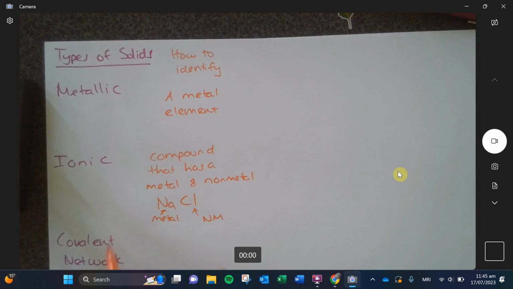All right. Covalent network and covalent molecular are going to be the same in a sense that they're going to have non-metals, and they're likely going to be compounds. These guys are going to be the non-metals. It could be in elemental form, or it could be in a compound.